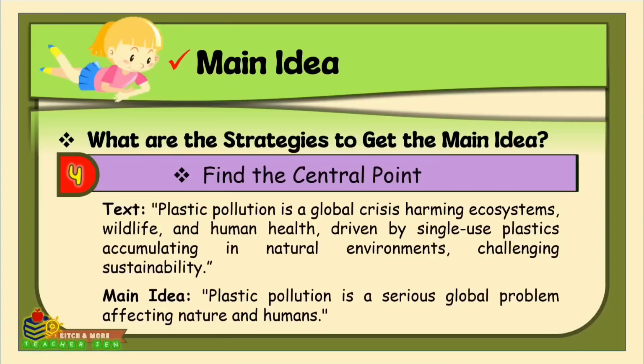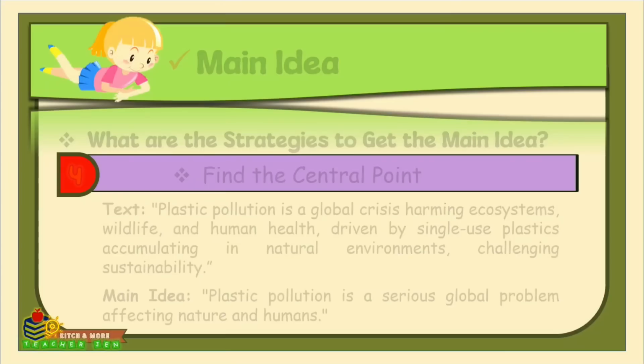So what is the main idea in this paragraph? We have to find the central point. So here it is. Plastic pollution is a serious global problem affecting nature and humans.